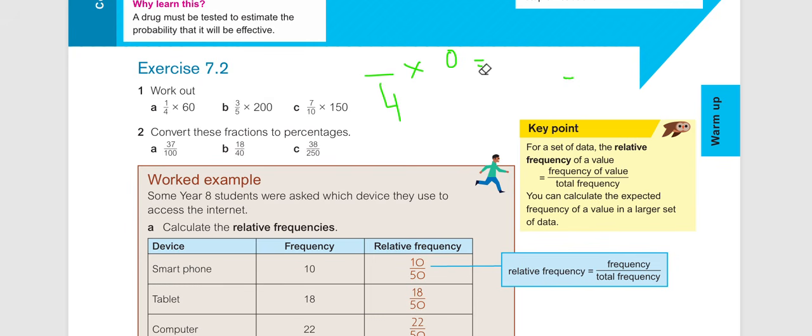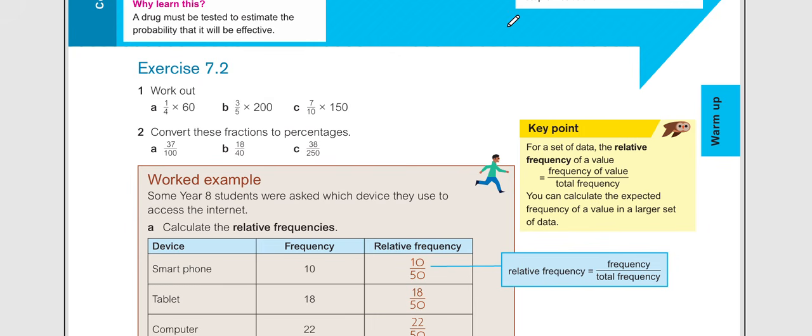Similarly, can you tell me the answer for B? B is 3 upon 5 multiplied by 200. So the answer is 120. Let's see, what did you get? I got 600 divided by 1000. No, that's wrong.